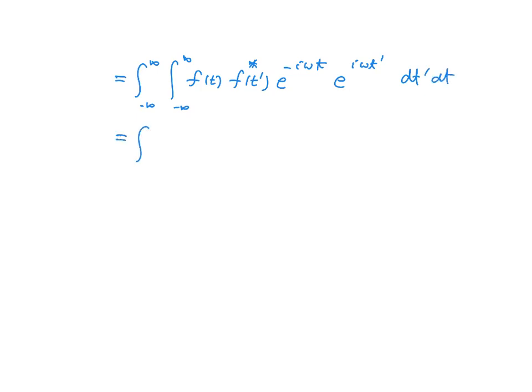So complex conjugate, i omega (t prime minus t), dt prime dt, which is actually this one, right?